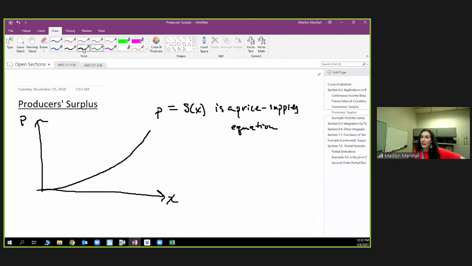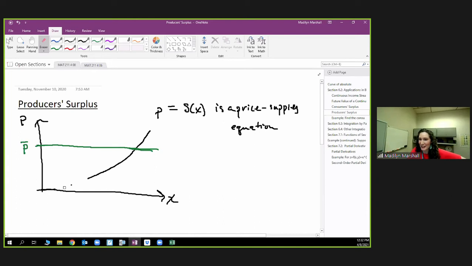So now we're going to look at what if something happens where the producer now gets to sell stuff at a higher price than usual. I should really change this. We're not selling things at $0.